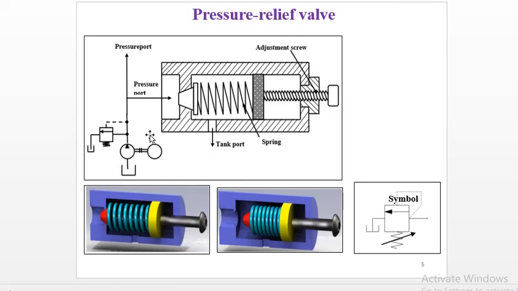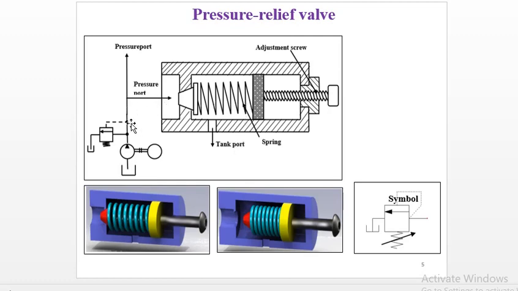So the meaning is, whatever the system requires, say the system requires 100 bar pressure, you have to set it here, and considering some losses, if the system works beyond that 100 bar pressure, then only this valve will open.